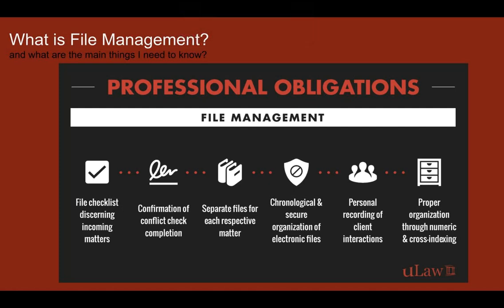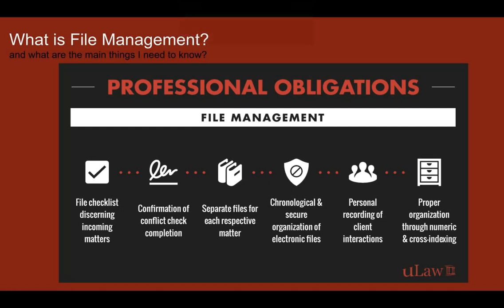Let's say you're a family lawyer and a wills and estate lawyer, and you have the same client reaching out to you for both cases. You would need to separate them, making sure that one file number is created for the family file and the other file number is attributed to the wills and estate file, because you don't want to confuse the work between the two. Hence a separate file number for each and every file or matter is recommended even though they are the same client.